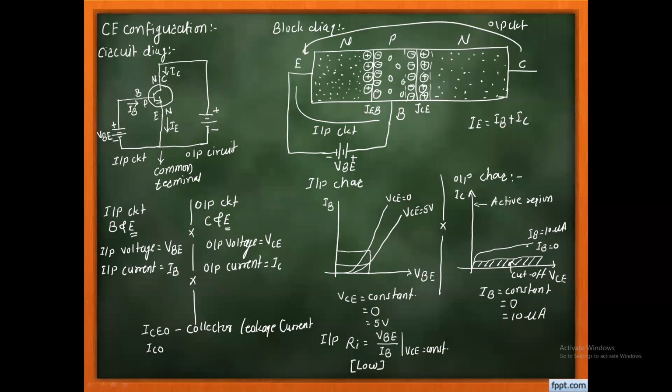It means that the collector current increases as we increase the output voltage. And it indicates that the output resistance of the common emitter configuration is greater than the common base configuration, and that resistance you can calculate by using Ohm's law, VCE divided by IC for a constant value of IB.